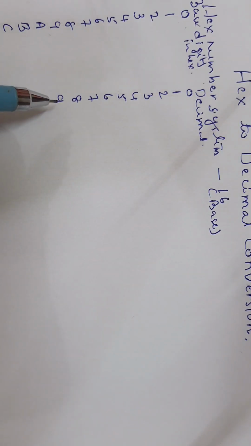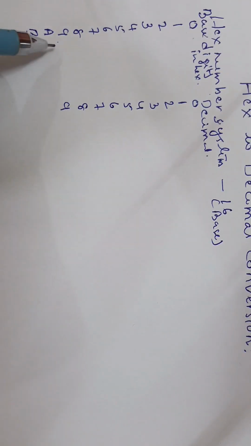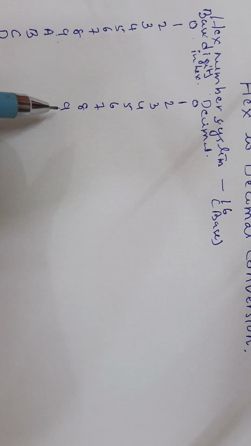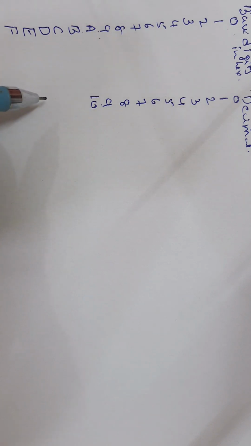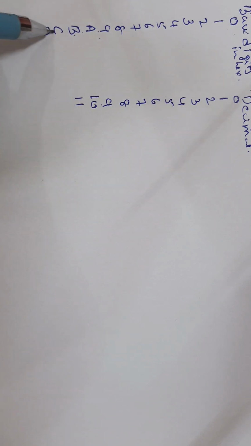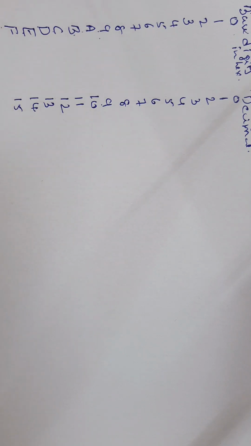So till 9 this remains the same. Both hex number and decimal number are one and the same. But in hex A means in decimal it is 10. B means 11. C means 12. D means 13. E means 14. F means 15.